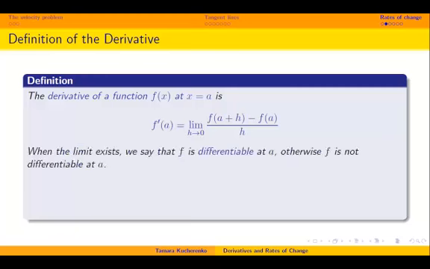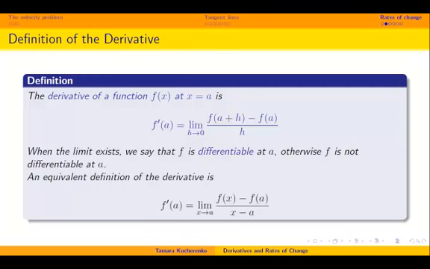When the limit exists, we say that f is differentiable at a, otherwise f is not differentiable at a. An equivalent definition of the derivative is f prime of a equals the limit as x tends to a of f of x minus f of a divided by x minus a.